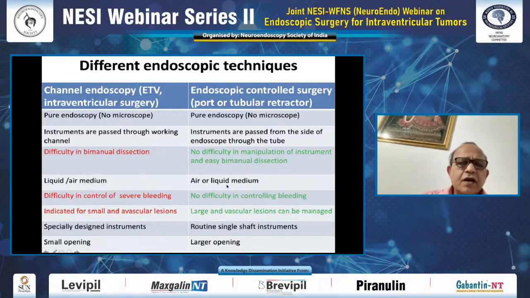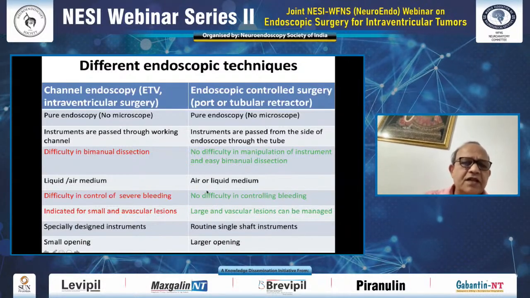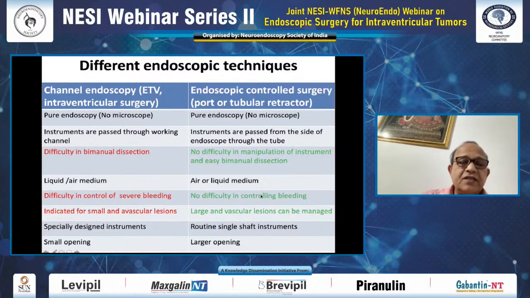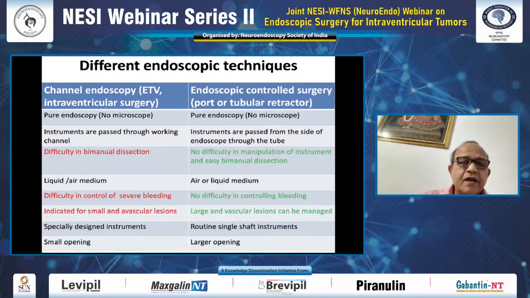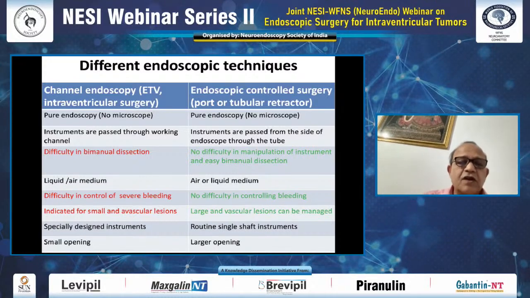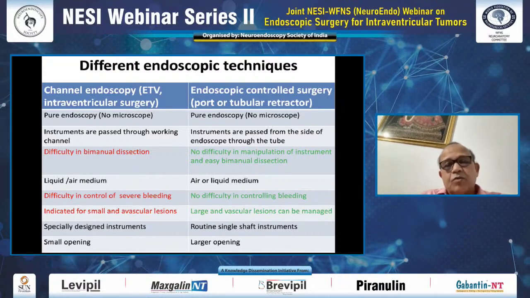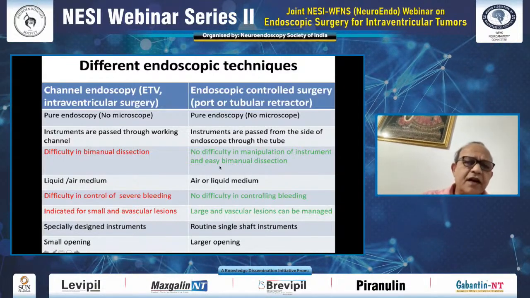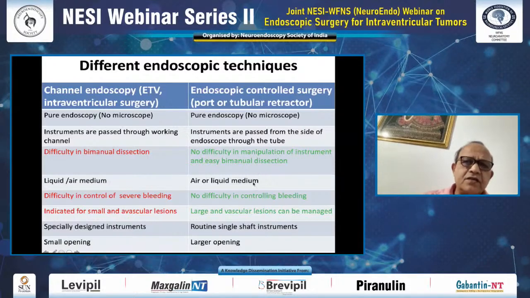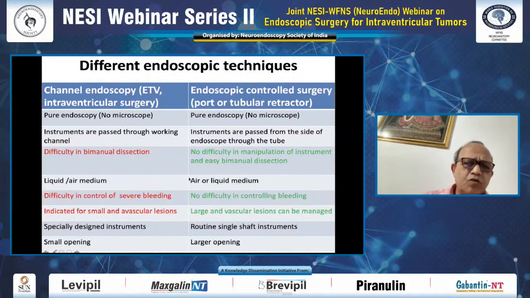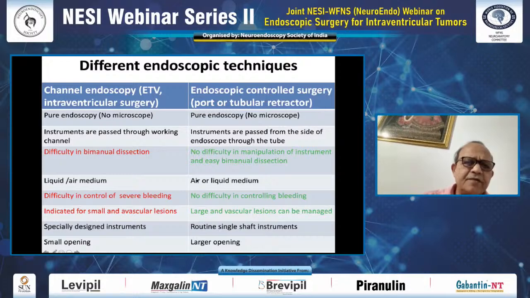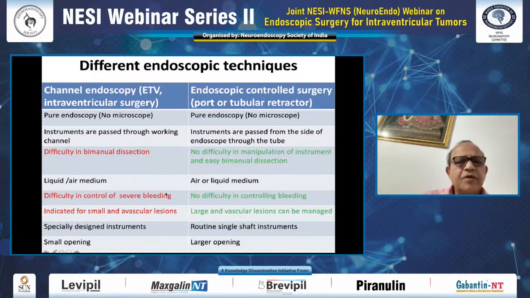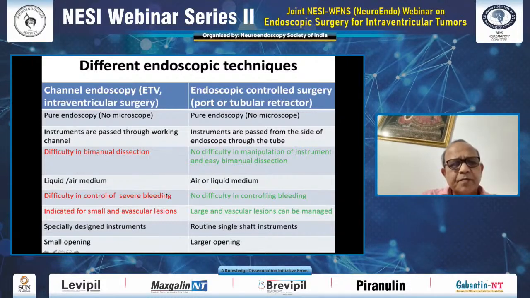And therefore, there is no difficulty in controlling bleeding even if there is a severe bleeding. And the larger and vascular lesion can be operated using this approach, using tubular retractor. Another advantage of this is that in most cases we use air media. Therefore, seeing a bleeding vessel becomes very easy.